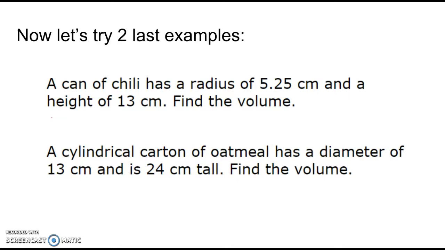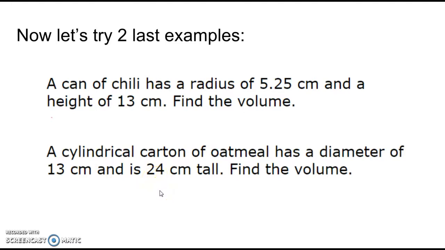We know that R, let's see, they're giving us a diameter in this question, so we know R is going to be half of 13. Half of 13 is 6.5. So we know R is 6.5, and we know the height is 24.